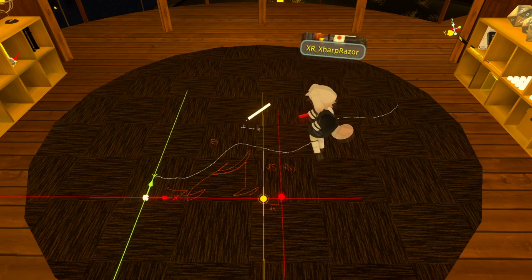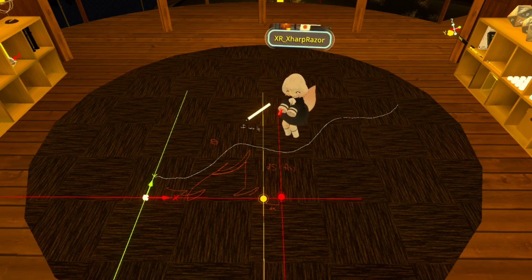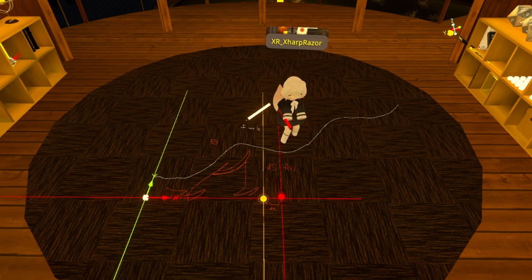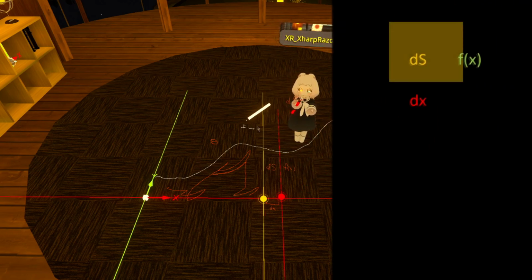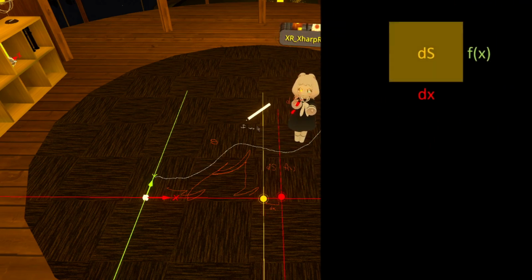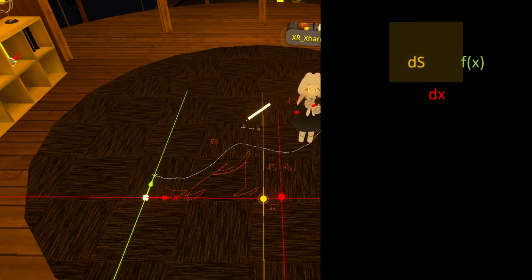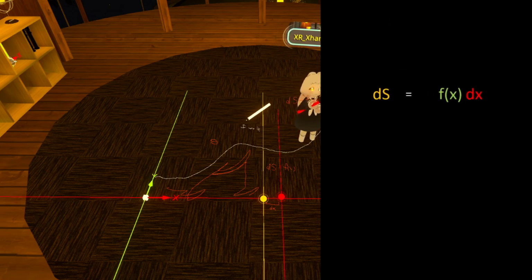Now, this is where the magic happens. Now we know ds equals f of x times dx.